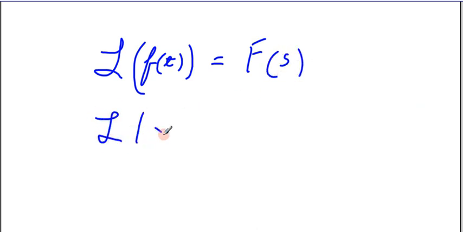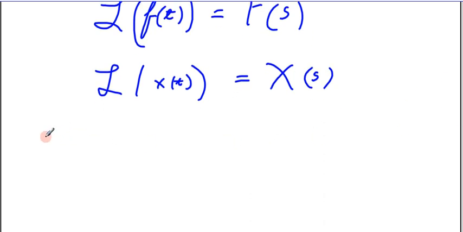So how are we going to do that? Well, the Laplace transform of f of t, we're going to call that capital F of s, or the Laplace transform of, if we had x of t, for example, we'd call that capital X of s. We could do that either way.